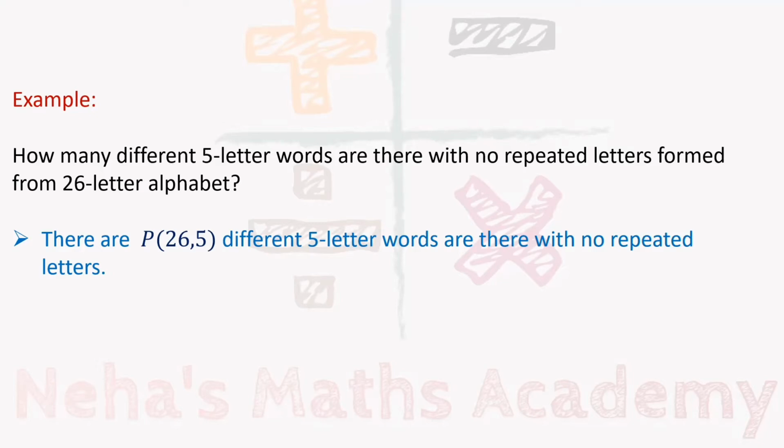So this is the second point, that arrangement of R distinct objects out of n distinct objects. Here R is equal to 5 and n is equal to 26. So 26P5 different 5-letter words are there with no repeated letters.